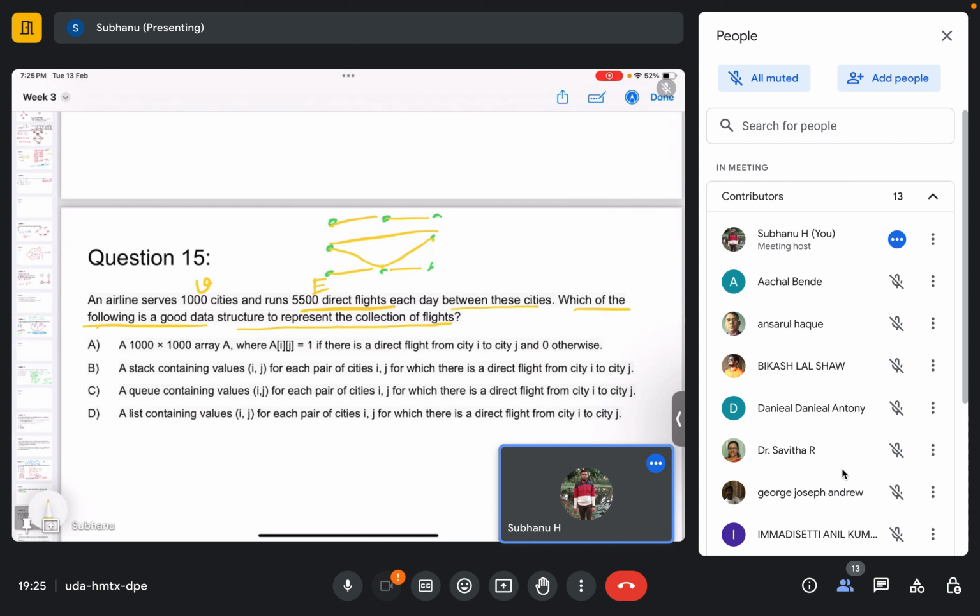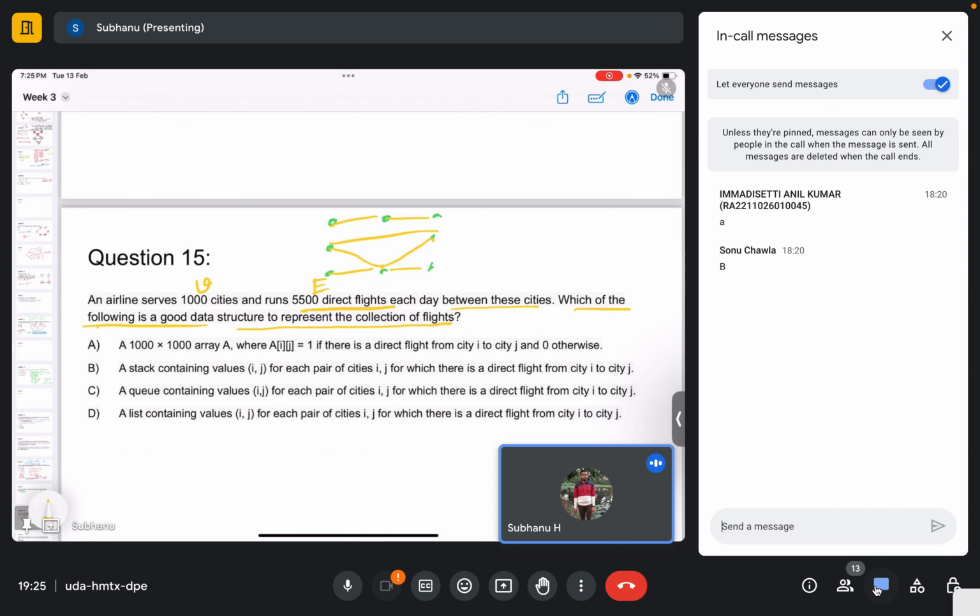Please try to find the answer by yourself and write it in the chat box. This is from your previous year's question paper, so you must be able to solve this question.